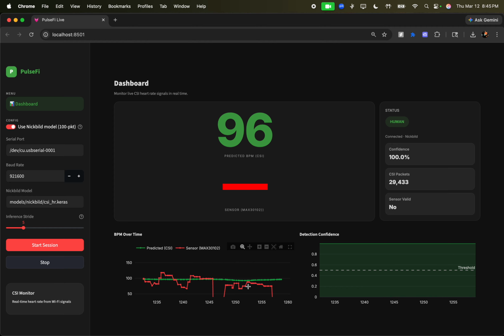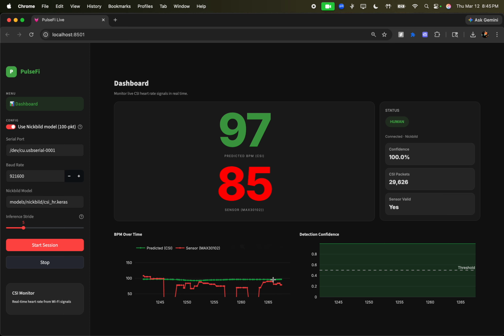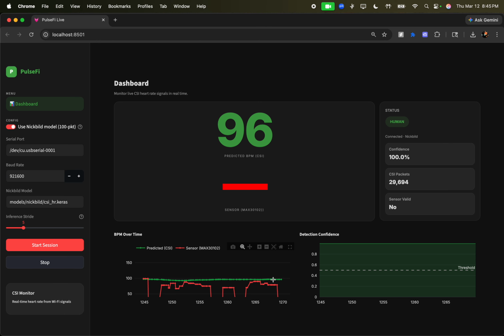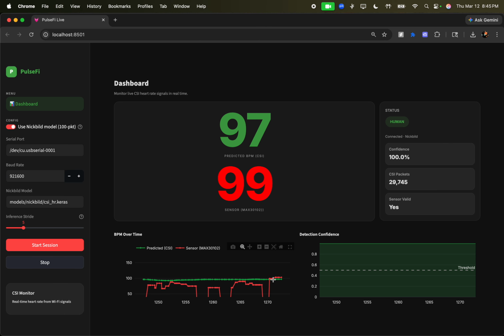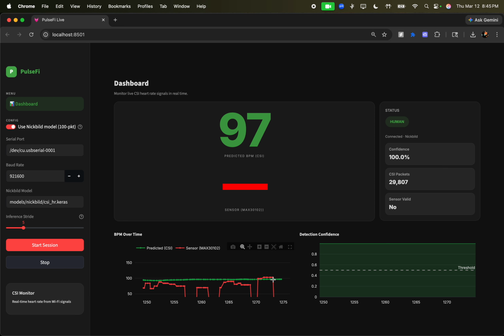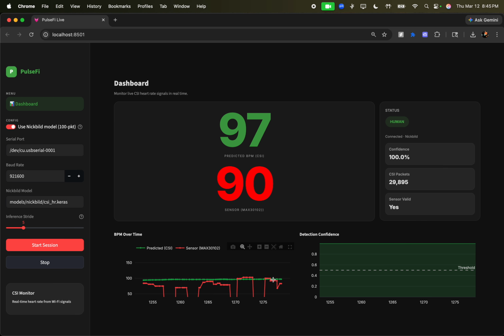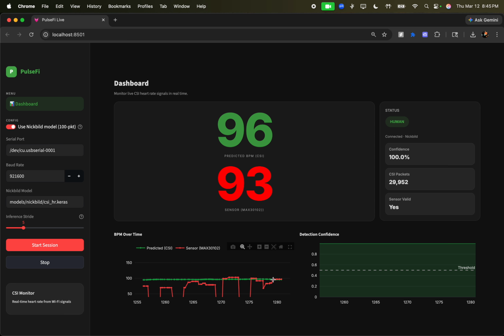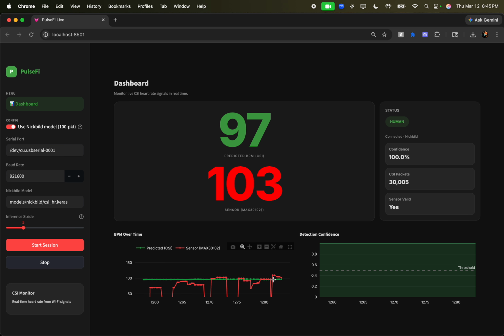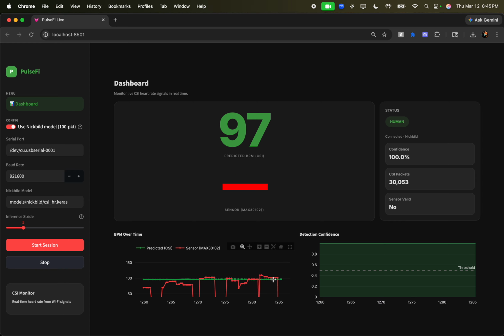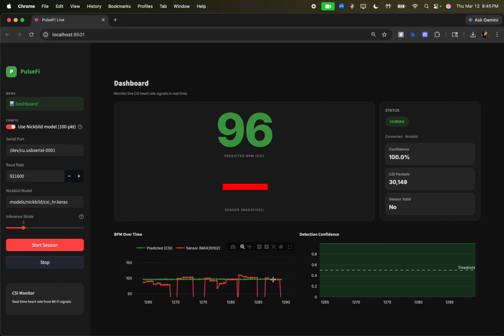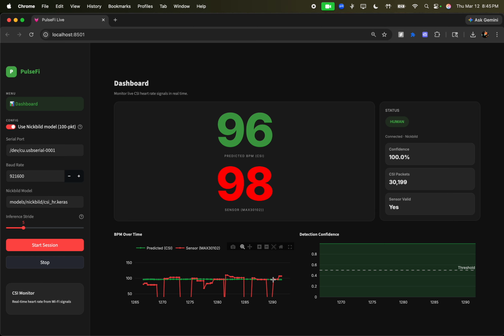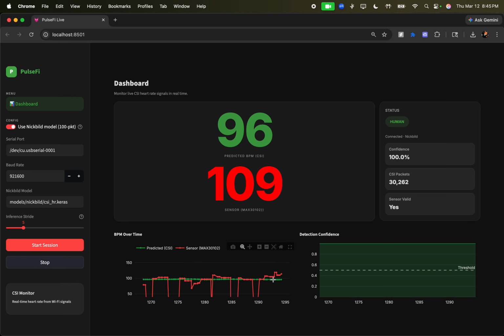When we look at the graph, we can see that it does match a bit, and it is within the expected error range. Sometimes it gets very close to detection, sometimes it's even perfect, but that's just because we have a lack of data.